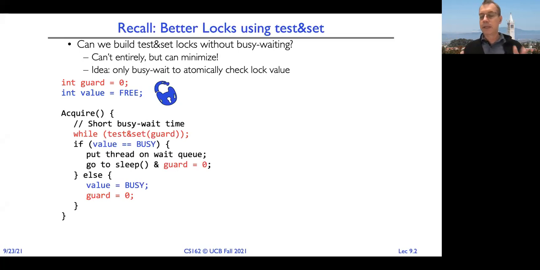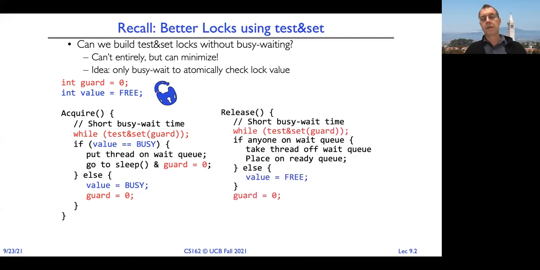The atomic operation takes a value, updates the local variable with the new value, and then returns the previous value of the local variable. That's pretty much it. And this is an implementation, which we discussed last time, of lock acquire and lock release using test and set.